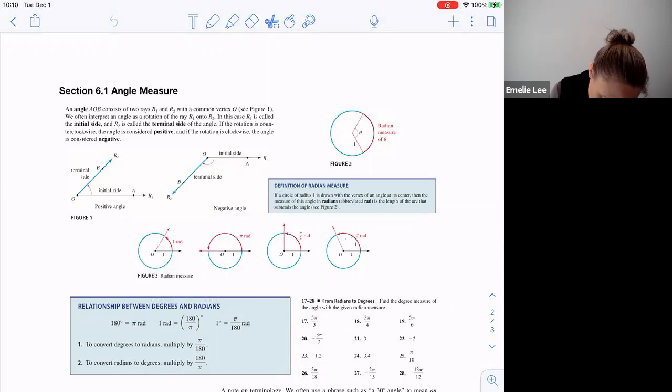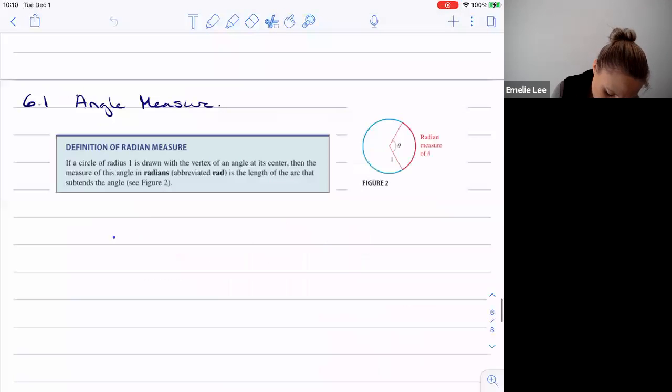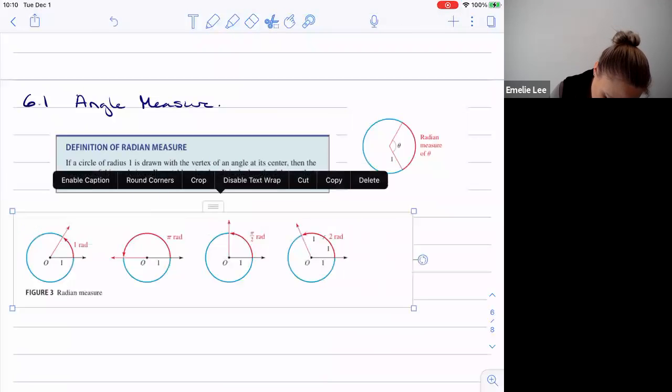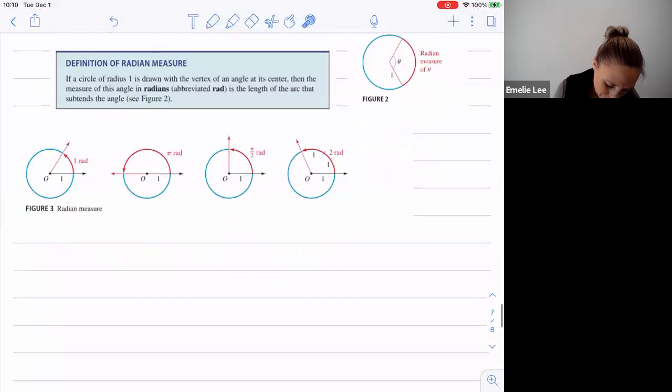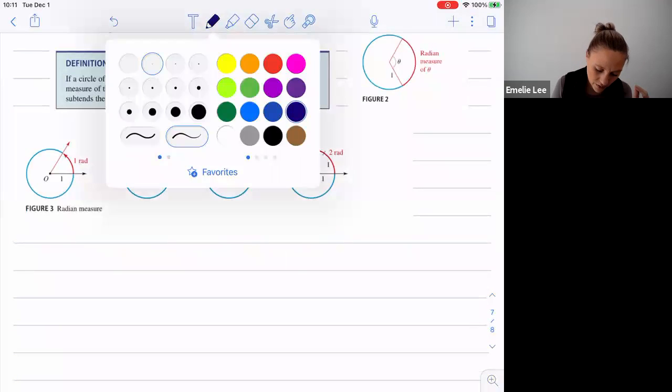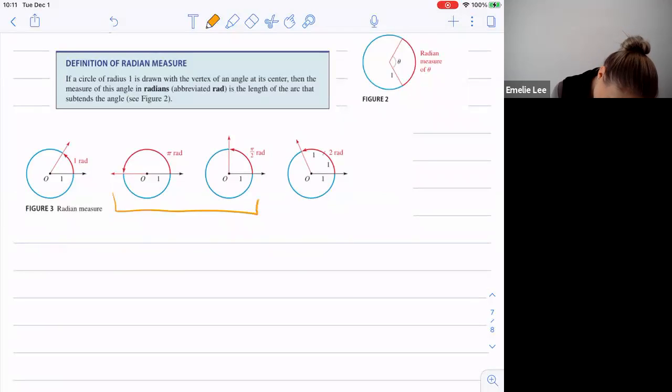We've already talked about some common angles here, right? Pi radians, let's talk about these middle two, because these we already know and we've seen earlier.